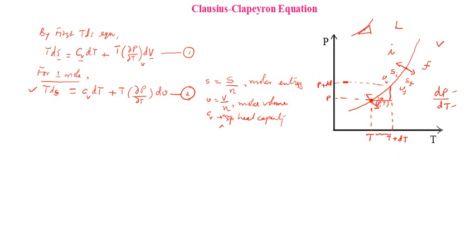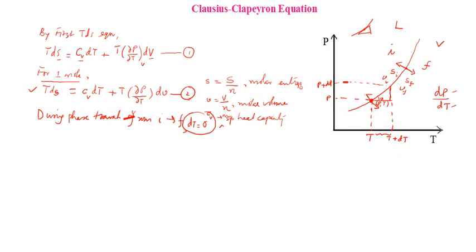So across this curve at this particular point, when the phase transition occurs, the temperature remains fixed at T itself. So during phase transition from I to F, the ith phase to the fth phase, T is constant, or dT is equal to 0. That is a property for phase transitions.